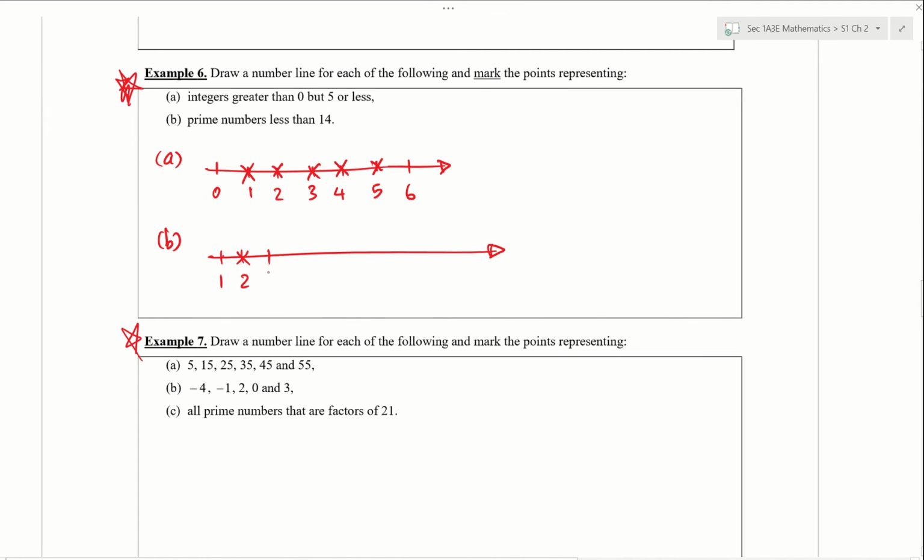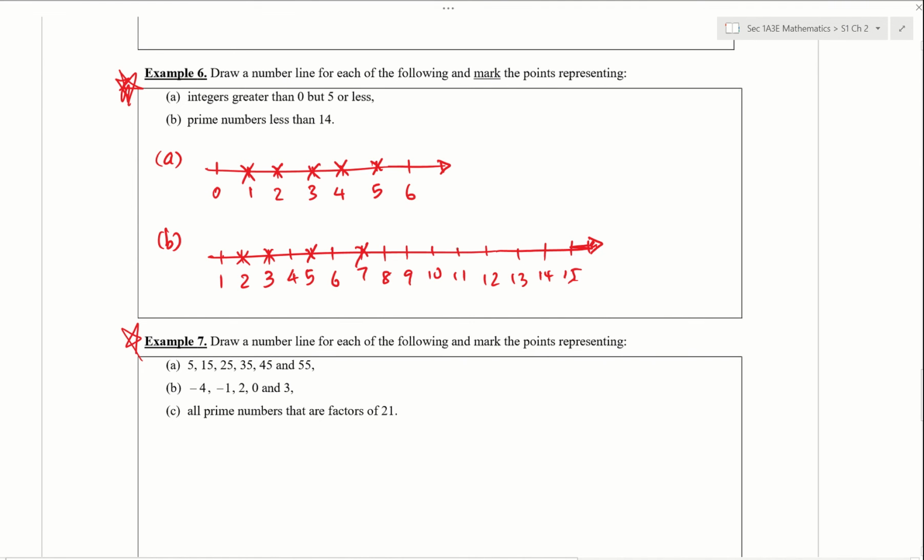Then we've got 3, 4, 5, 6, 7, 8, 9, 10, 11, 12, 13, 14, 15. Okay, so this is my number line, and I'm now going to cross out all my prime numbers.